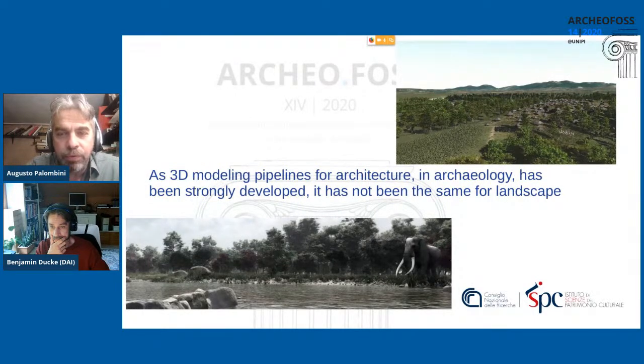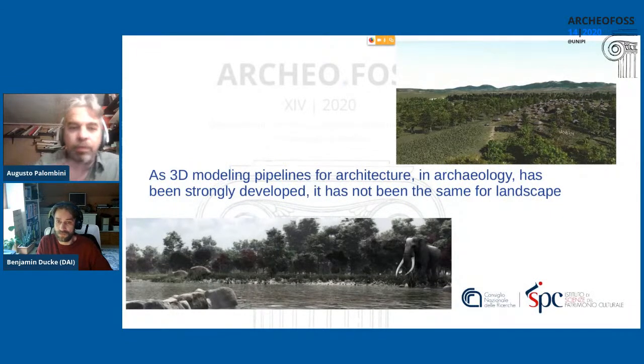What I'm going to present is something midway between a tool for predictive archaeology and a tool for simulation of ancient ecosystems in order to reconstruct them in a virtual reality environment, where the tool was born.